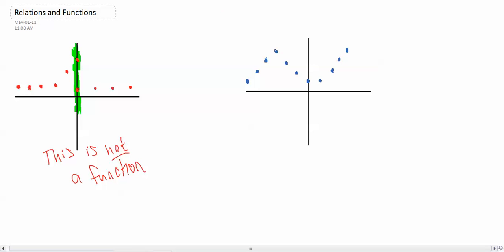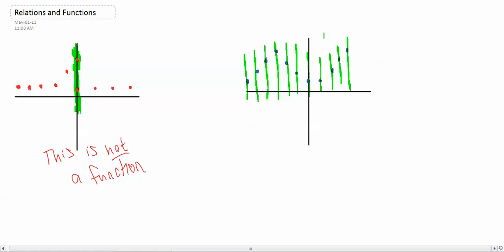Now let's take a look at this relation that we have. This is a function, and notice that any vertical line that you draw through any one of these points is only going to intersect a single data point, a single piece of information.